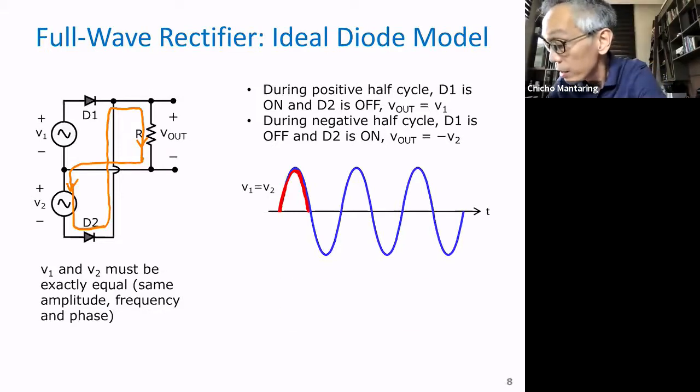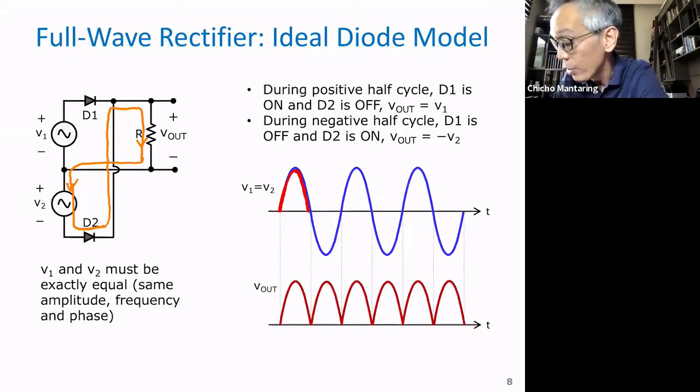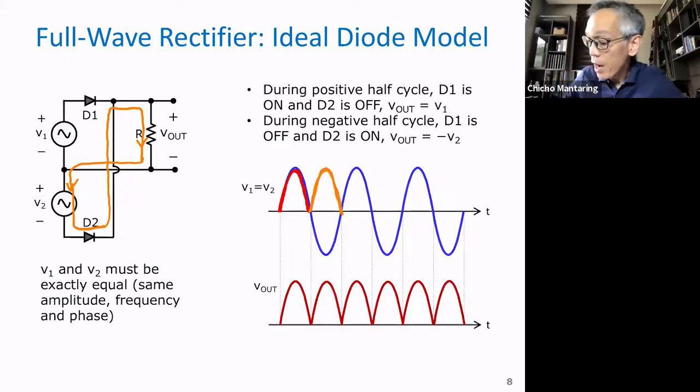So V out will look like this. That is now V out. That's why you call it a full wave rectifier, because it takes advantage of both the positive cycle and the negative cycle.